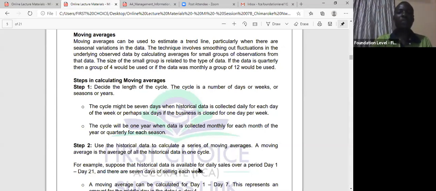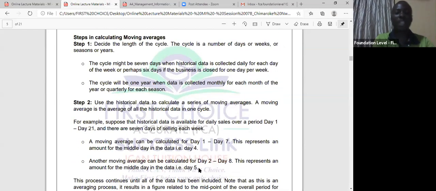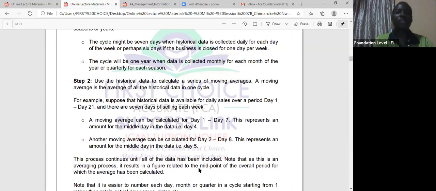So if you are removing Monday of week 1, you are adding Monday of week 2. So every day of the week is always represented. You find another average. That is how you do it. So you keep moving the average until you get to the end of the data.